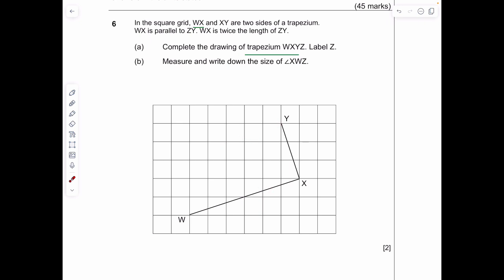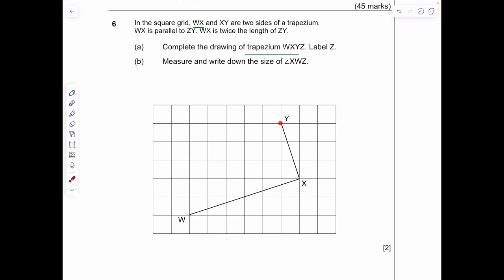To do this, we first need to calculate how many squares there are in total. When we look at this, there's 1, 2, 3, 4, 5, 6, and 1, 2 down. So half of this 6 is actually 1, 2, 3, and just one square of a distance down.